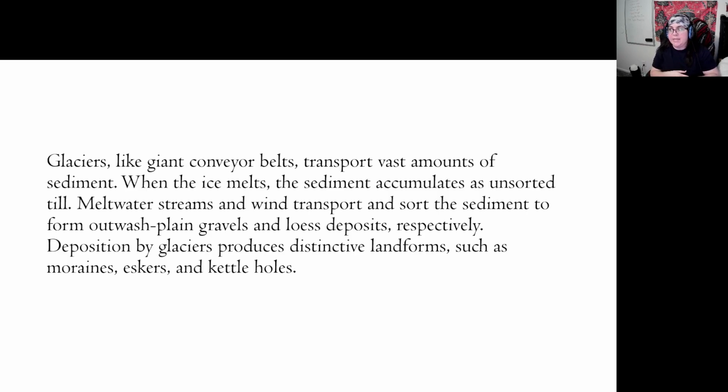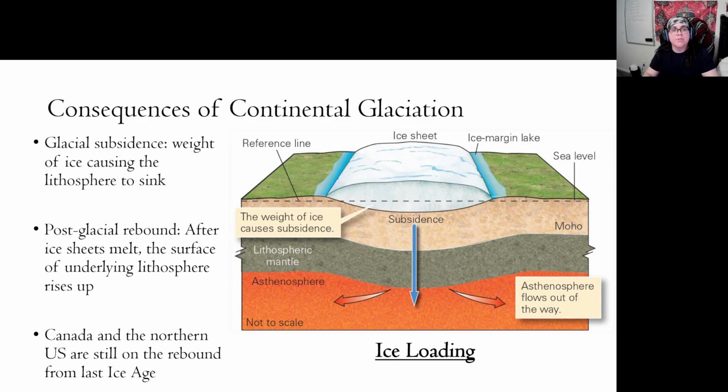Now that we've looked at glaciers as a whole and the things that they do, let's think about the consequences that happen as a result of glaciation. One of the things that happens is ice loading. When we have glaciers on land, they have weight, and they cause the lithosphere to sink a little bit, because the lithosphere is more solid and the asthenosphere is more plastic.